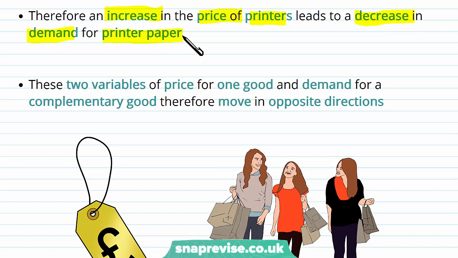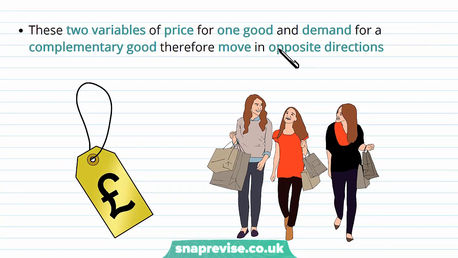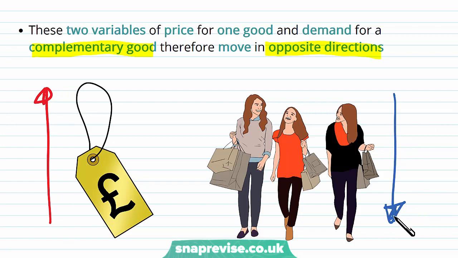So in our equation, the bottom number, which is the price change of a good, is going to be positive, but then our numerator, the top number, is going to be negative as the demand for the other good, the complementary good, has fallen. And that's why we say that these goods are moving in opposite directions when we're talking about complementary goods. The price has gone up, however, the quantity has gone down.